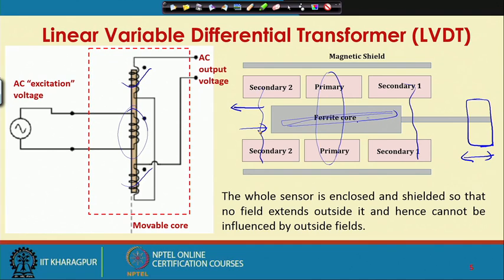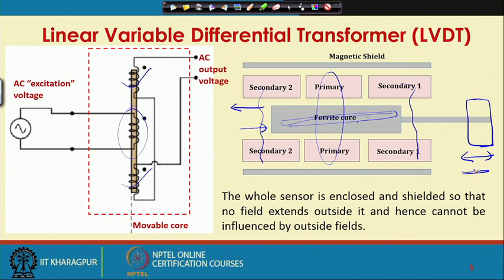So, a different part of the coils will be affected, and that will produce a different voltage. That voltage is proportional to the displacement of the object.